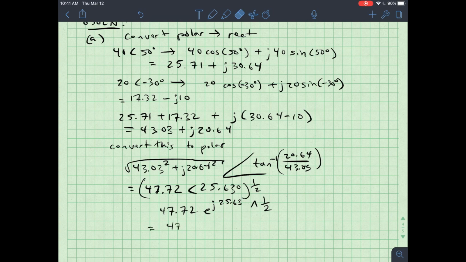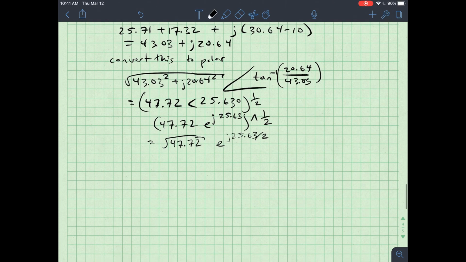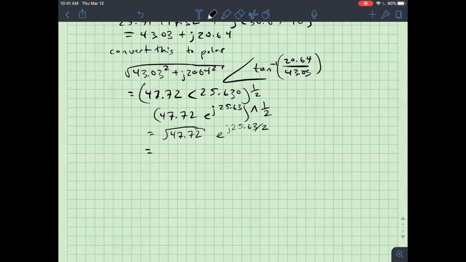So I want to take this whole thing to the 1/2 power. That's the same as taking the square root of 47.72 and then taking e to the j25.63 divided by 2. Which leaves me with 6.91 angle 12.81 degrees. And I'm done with part A of the problem.